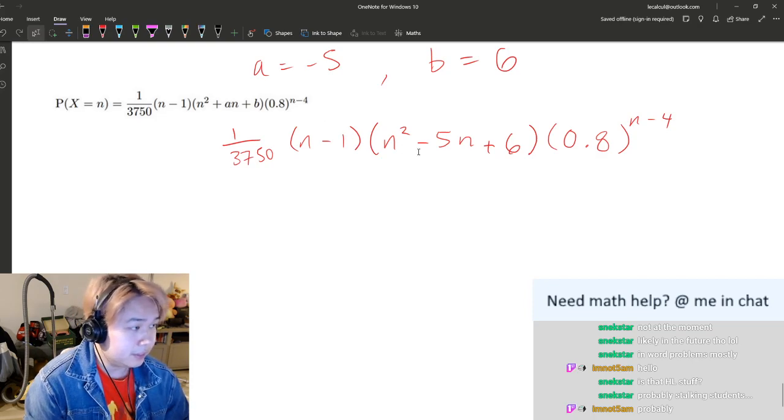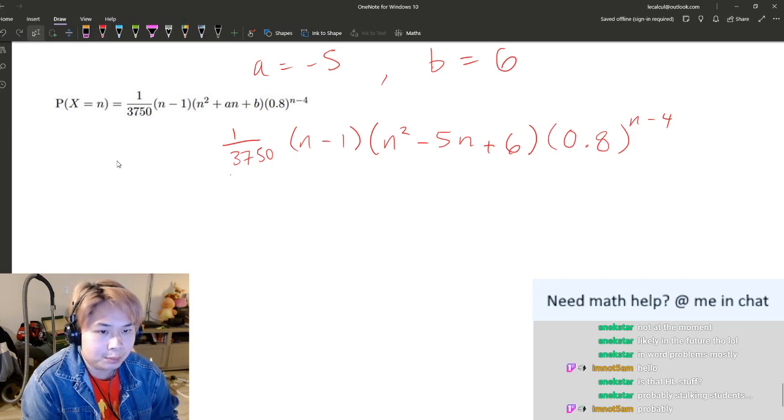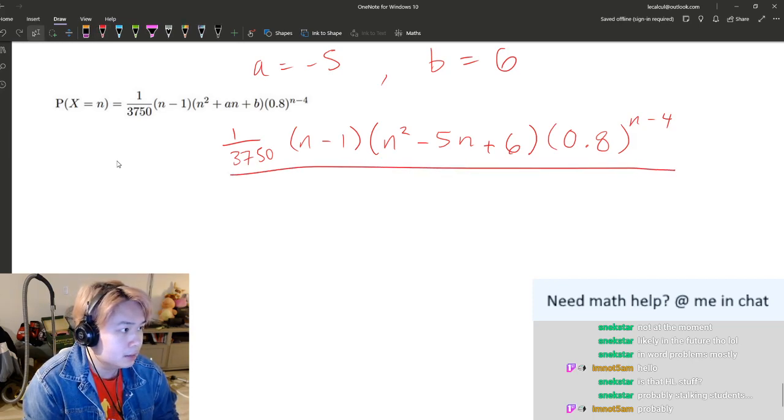Okay, after plugging in my values of a and b, here's what p of x equals n is, and then I'm going to divide that by p of x equals n minus 1.